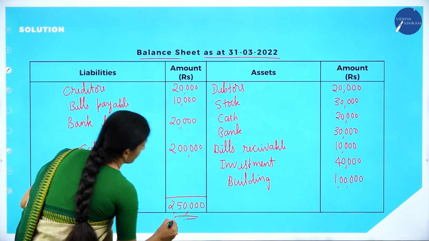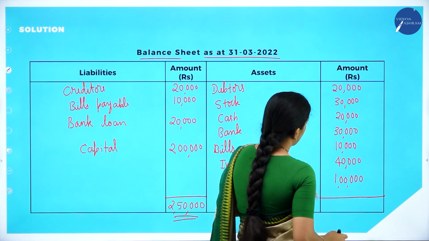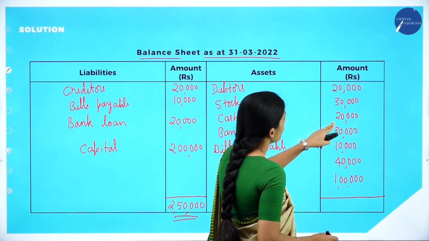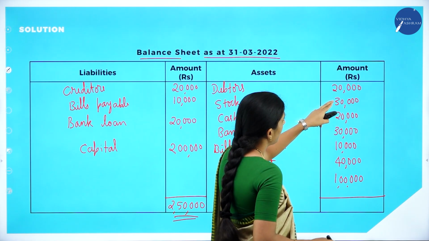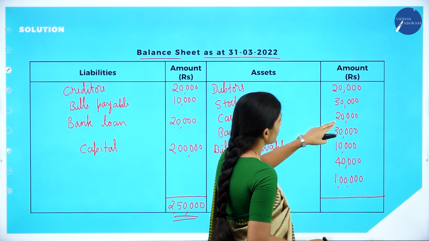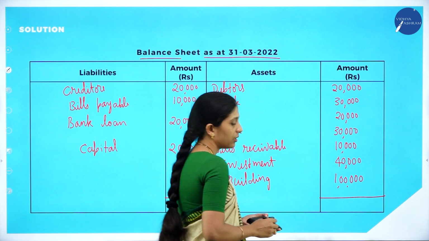Now coming to the asset side, let us count all the assets here. 1 lakh, 40, 50, 80,000, 1 lakh 10, 1 lakh 40. Then 50,000, 60, 70, 80,000.